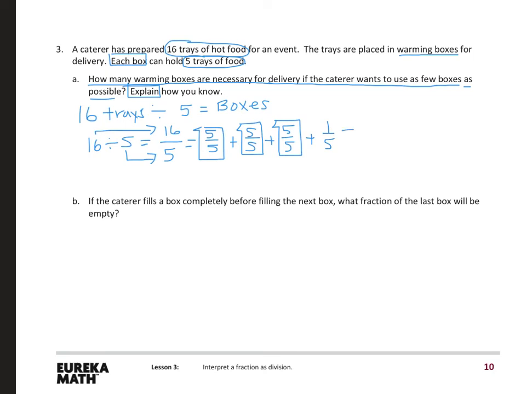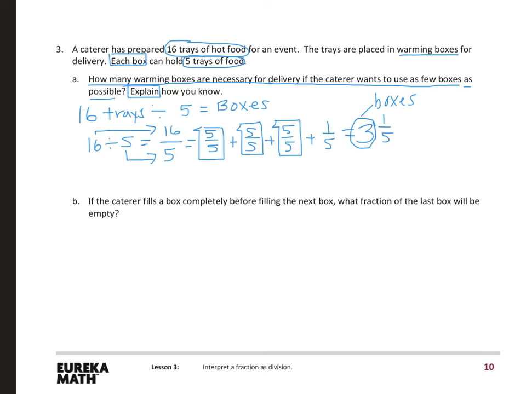So that means the answer turns out to be 3 wholes and 1/5. Now in this word problem, this 3 wholes represents the warming boxes. So we can have 3 warming boxes. So we can say 3 boxes right here. And then we have 1/5 left over.